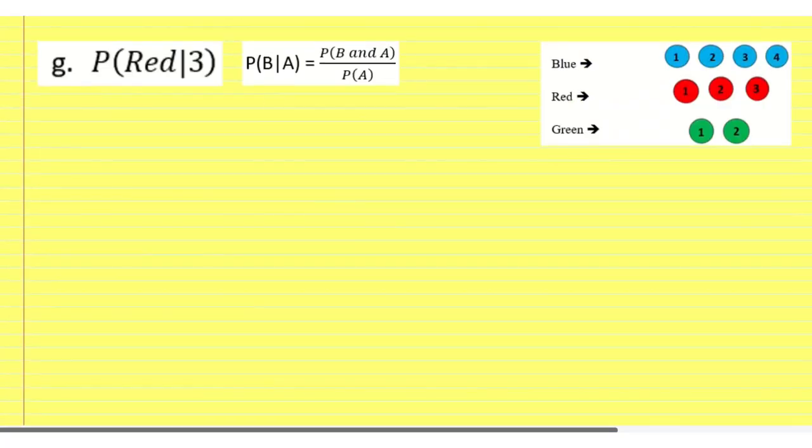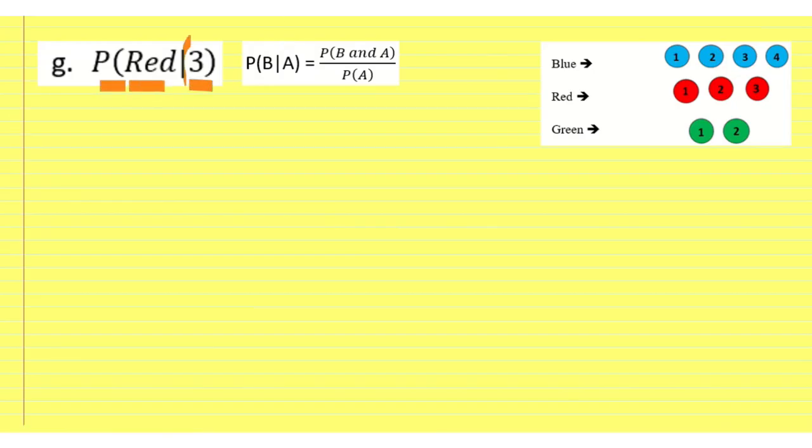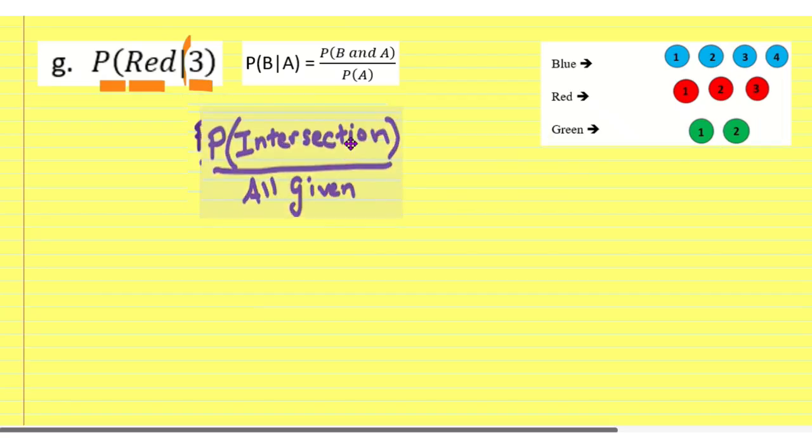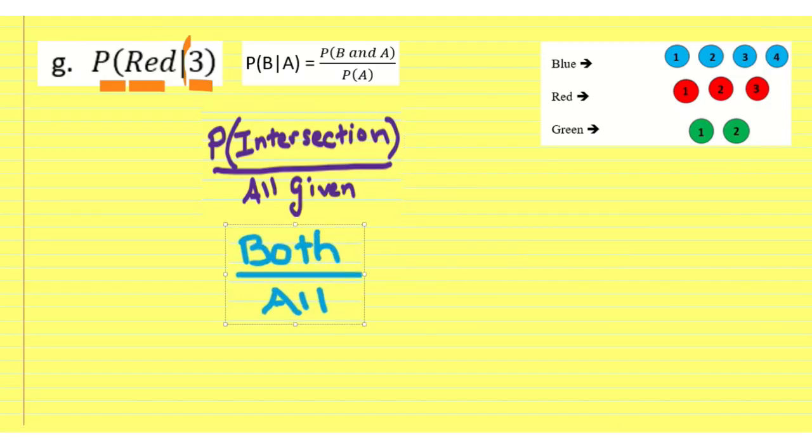says they want us to find the probability of a red marble given that it has a 3 on it. What is our shortcut? Our shortcut says we're going to find the probability of the intersection where they are both red and 3. Okay, let's look for both red and 3. There's both red and 3, so I only have one of those.